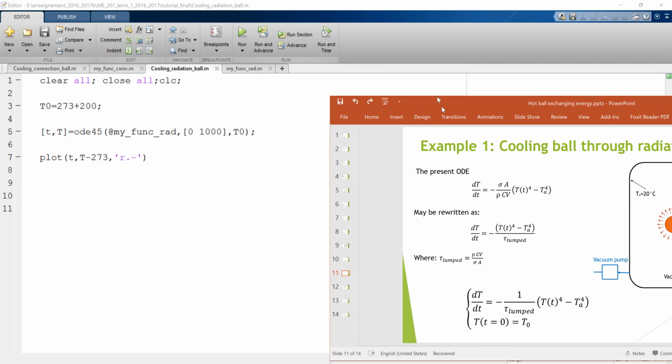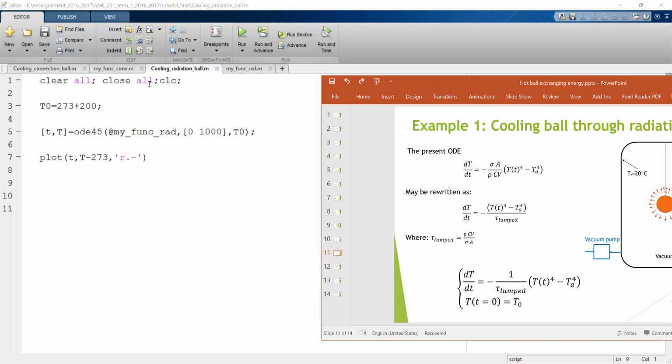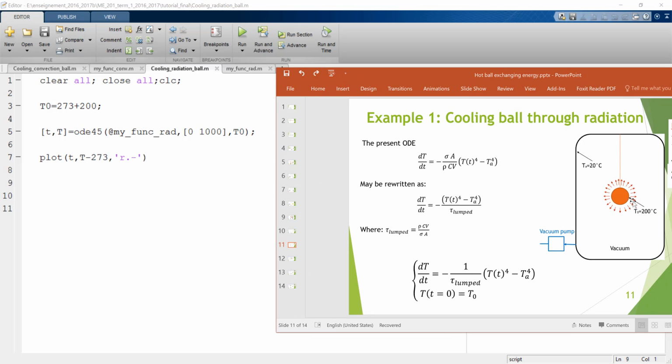We go to MATLAB. This is our script: clear all, close all, clc. The T0 here is the initial temperature of the body, at t equals 0, of the ball, so we add 273 to be in Kelvin, and we solve the differential equation.